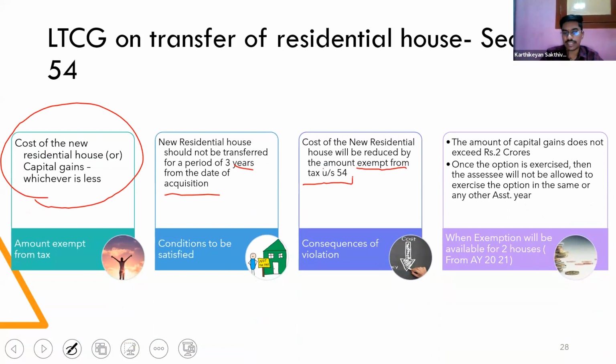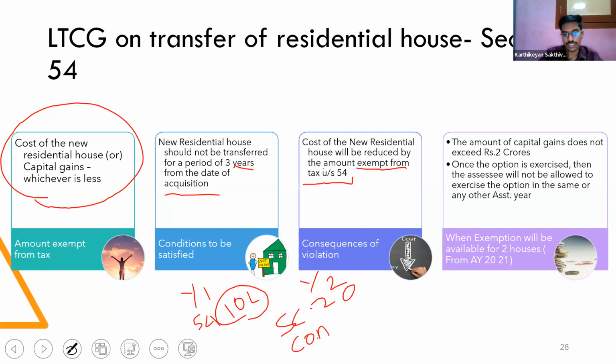So we'll just take an example. In Y1 under 54, you claimed a deduction of 10 lakhs by purchasing a residential house property. In year 2, you are selling this house property which you have purchased. So sale consideration is 20 lakhs.